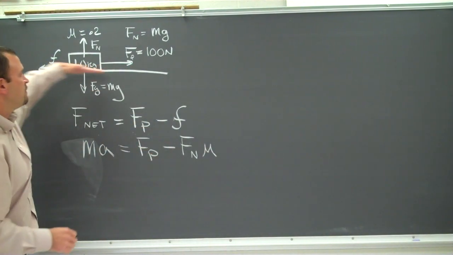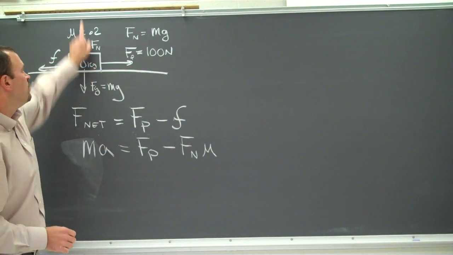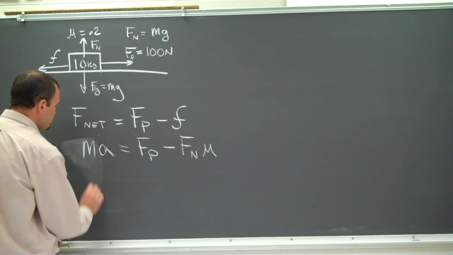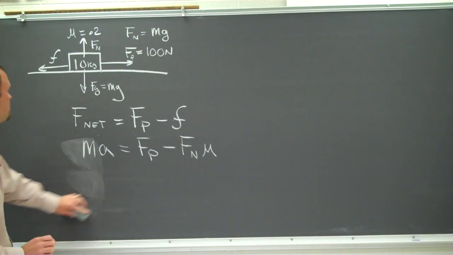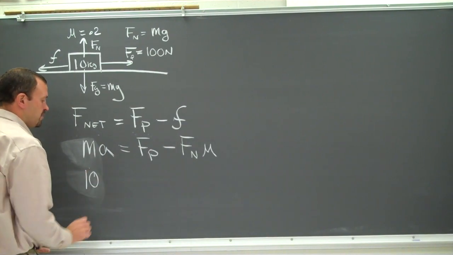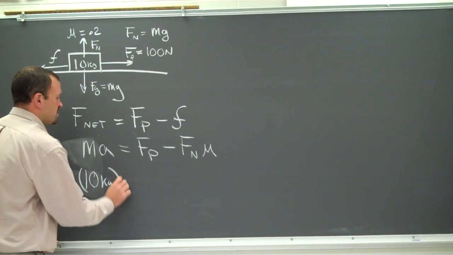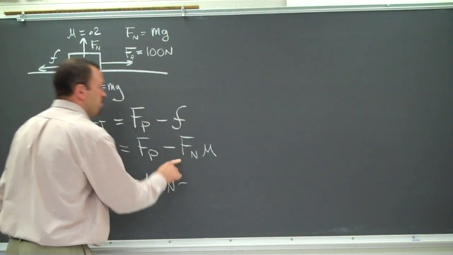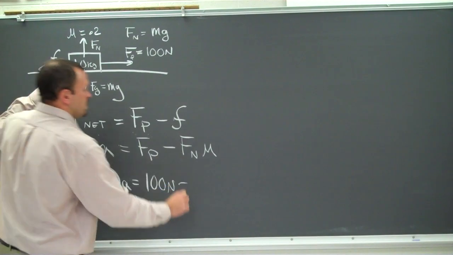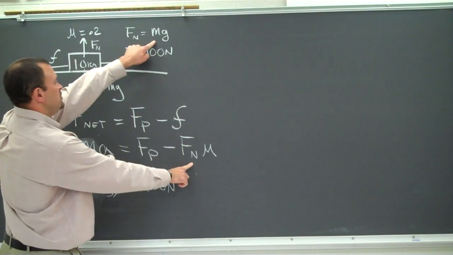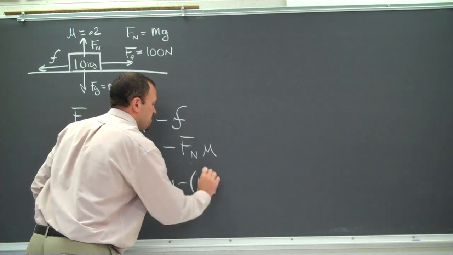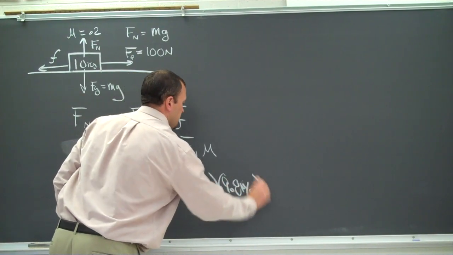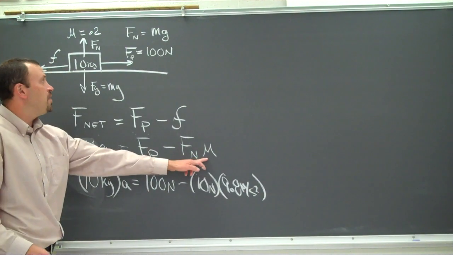And in this case, since we're on a flat horizontal surface, the normal force up from the surface is equal to the gravitational force downward. So let's go ahead and substitute our number for our mass. We've got 10 kilograms times our acceleration is equal to the amount of my pull, 100 newtons, minus my normal force, which is mass times acceleration due to gravity, my 10 kilograms times my 9.8 meters per second squared. That's my normal force, and then I'm multiplying by mu.